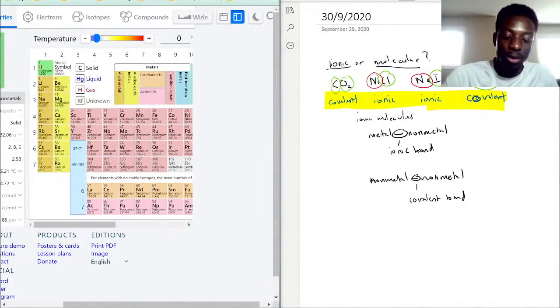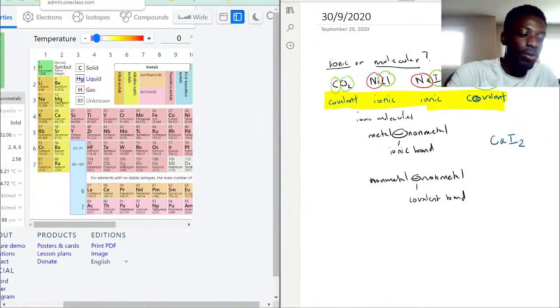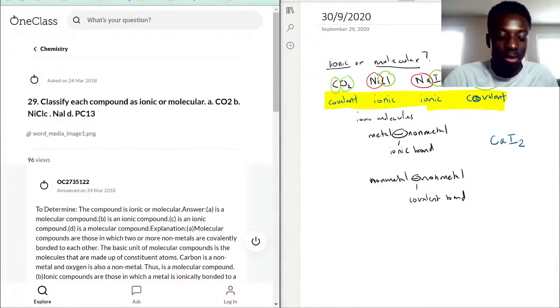For example, I could also say calcium iodide. Since calcium prefers 2 of them, it would be CaI2, and it'll still be called calcium iodide and not calcium diiodide. And this would also be ionic. It's just something to know for future reference if they start giving you the names instead of the formula and tell you to classify it still.